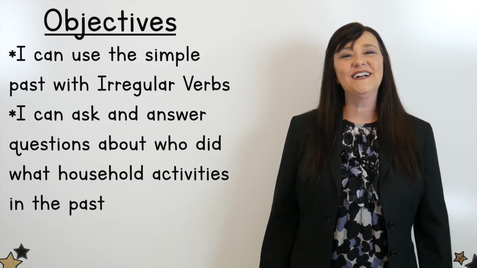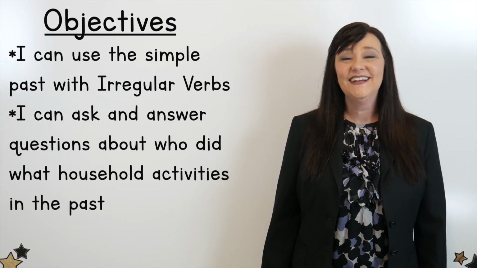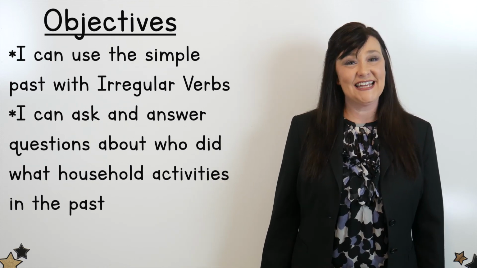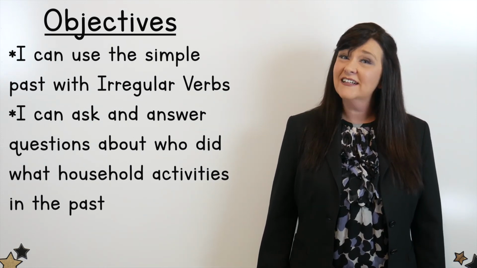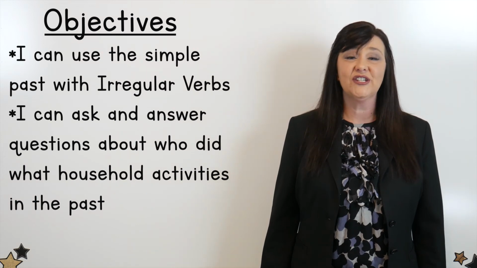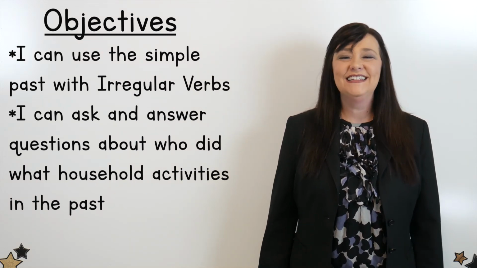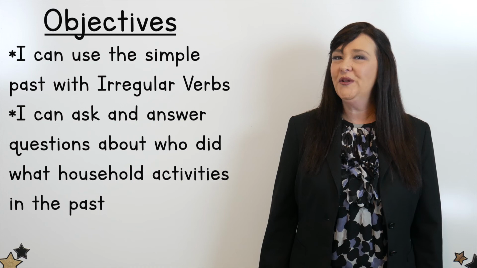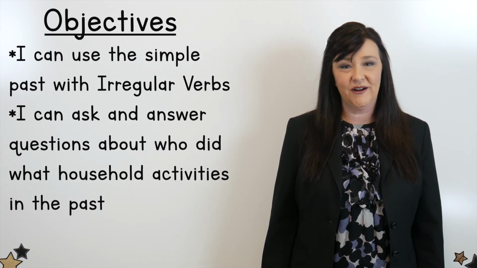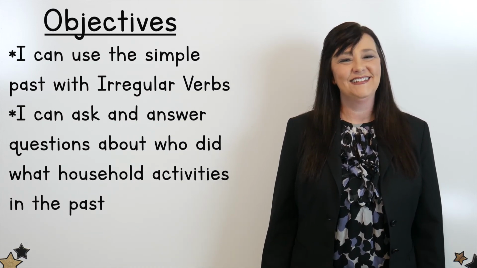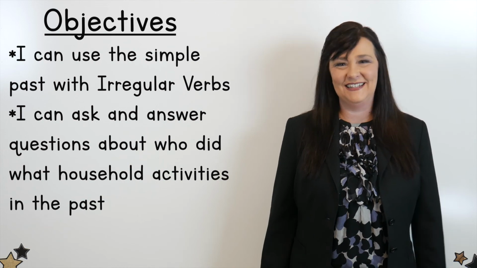We're starting to work on that, aren't we? The next objective says, I can ask and answer questions about who did what household activity or chore in the past. And we just did that, didn't we? So that's the end of today's lesson.